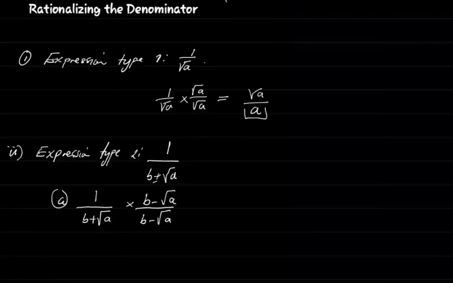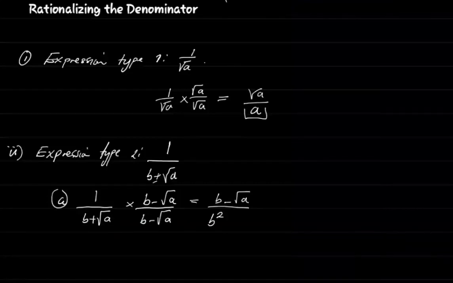Then when you work this out, you're going to have 1 times this, it will be b minus root of a over, what is b times b? It will be b squared. Now take note that b times negative root of a and b times positive root of a will cancel. So what we're going to remain with is root of a times negative root of a, which will give you negative what?